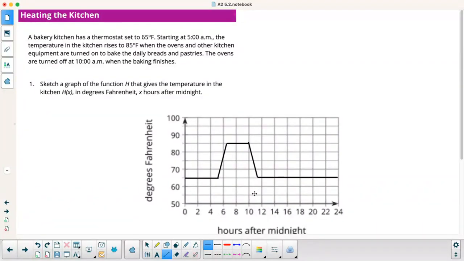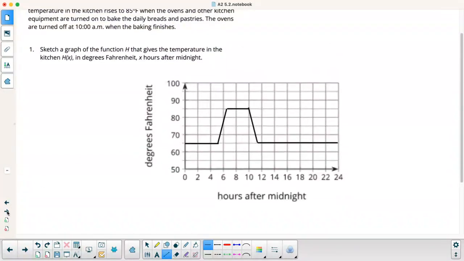Let me double check everything. So yeah, this point is at 10 a.m. when they turn the ovens off. So the room starts going back down towards 65. When they're cooking, it stays up here. This is right when they turn the ovens on and they're warming up. And there we go.